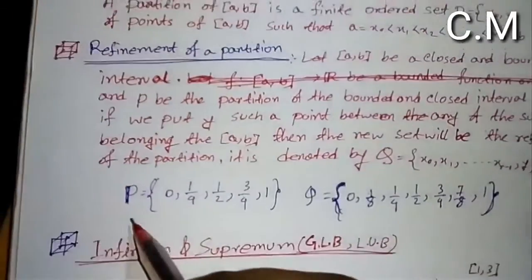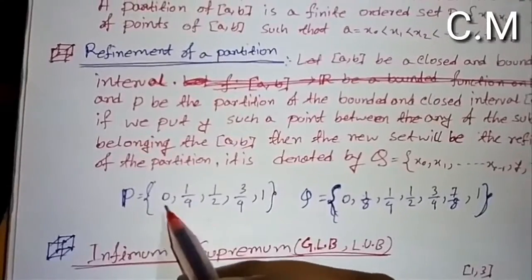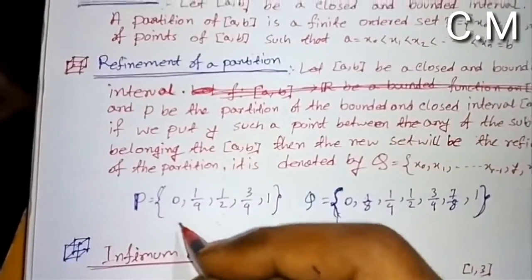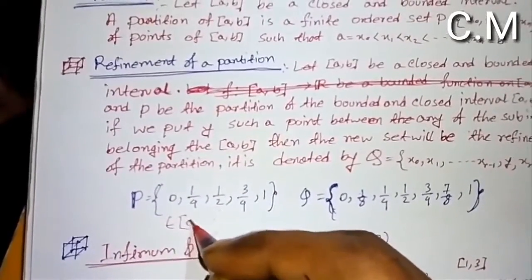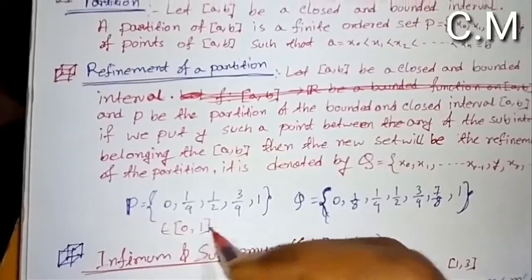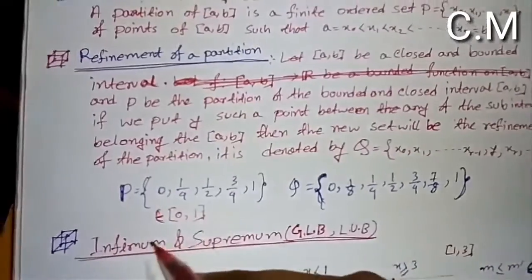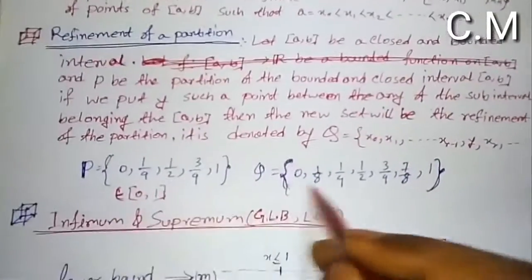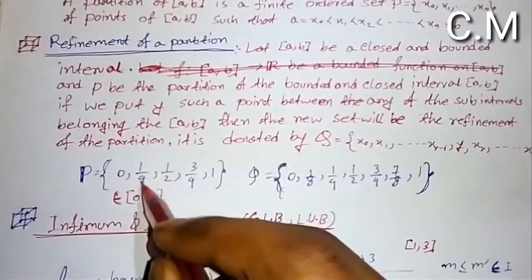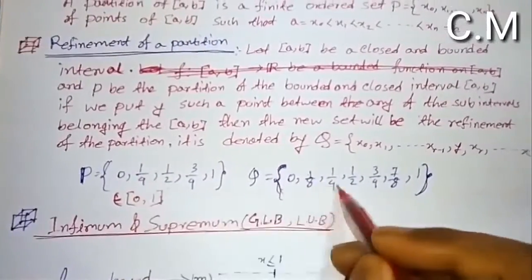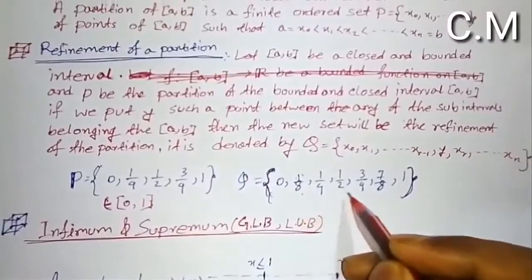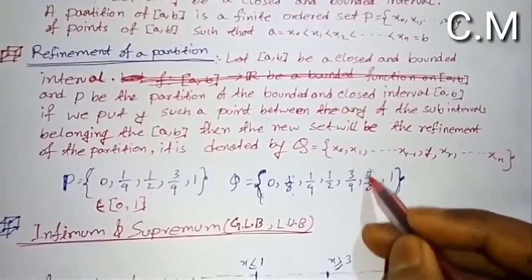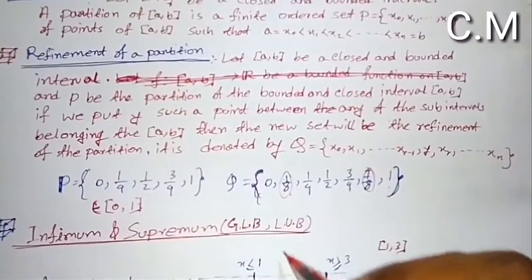For example, if P is the partition 0, 1/4, 1/2, 3/4 and 1, belonging to the closed interval 0 to 1, and if we put a new number between any of the sub intervals, say between 0 and 1/4 I put 1/8, and between 3/4 and 1 I put 7/8, these are my new entries.